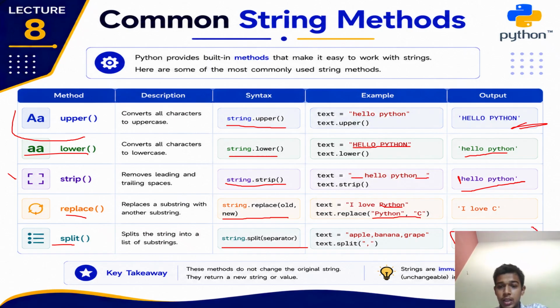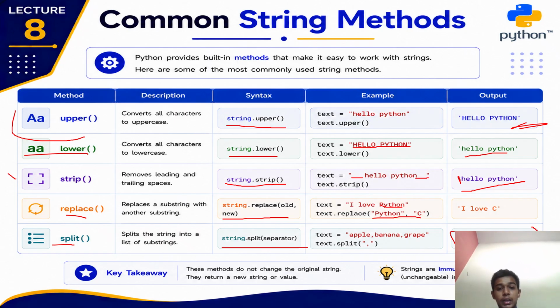So the output will be apple, banana, and grape, each of them covered in single inverted commas. If no separator is provided, it automatically splits the string using spaces. This method is very useful when reading data, names, sentences, or user inputs.